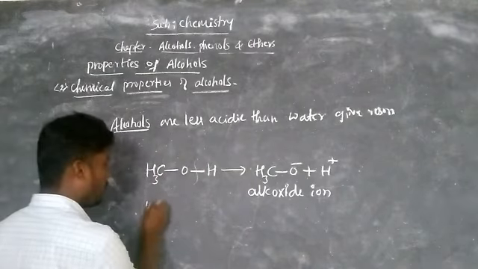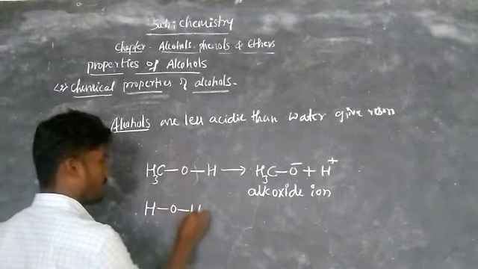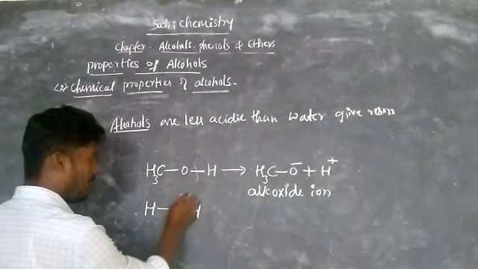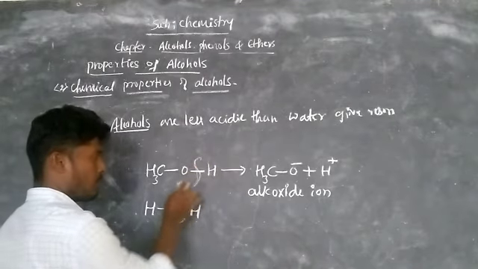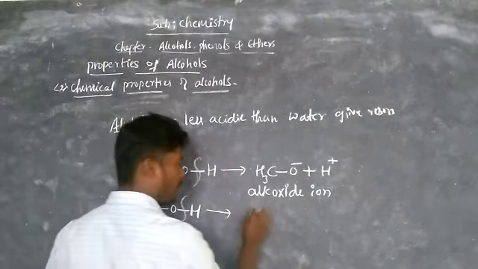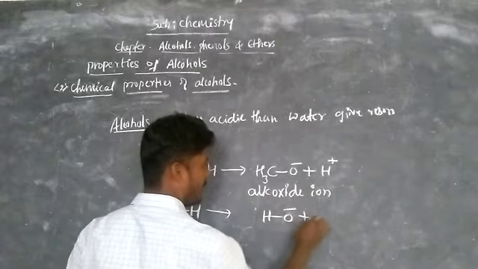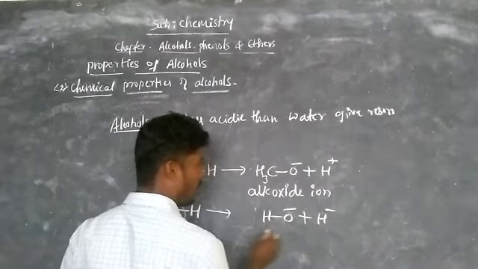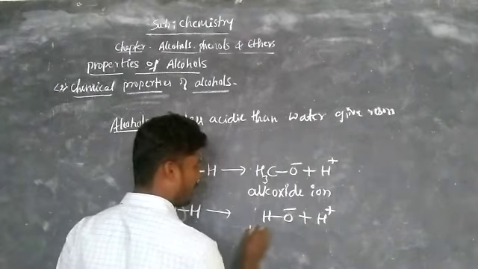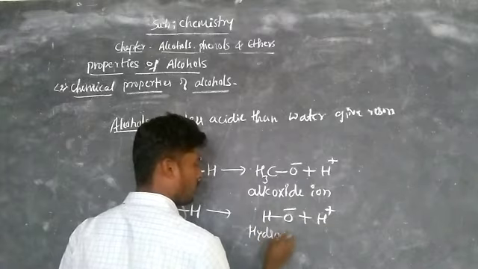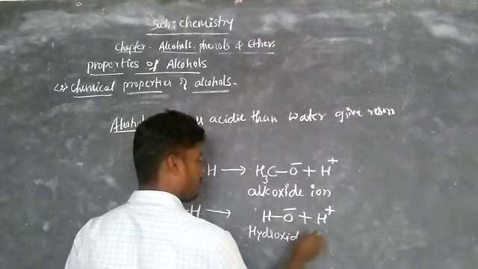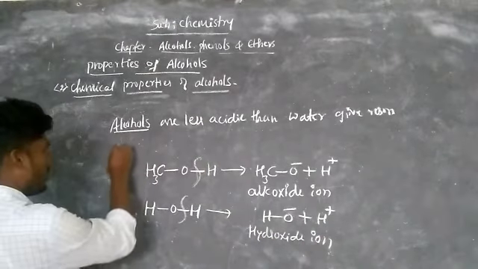Now, if you take water, H-O-H, this is water. Here, after cleaving this O-H bond, it gives OH minus plus H plus ion. This is called the hydroxide ion.